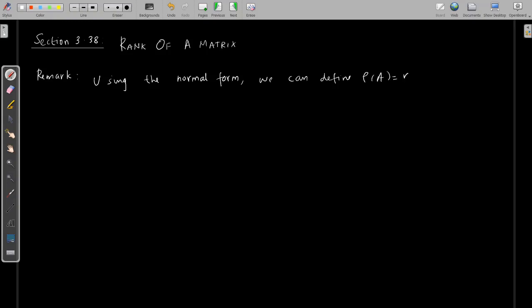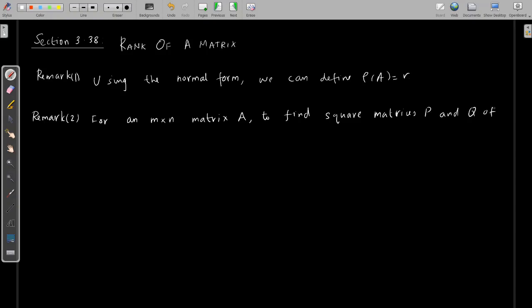In the other remark, we have an m by n matrix A. To find square matrices P and Q, such that P is of order m and Q is of order n, both are square matrices, such that P into A into Q is the normal form.